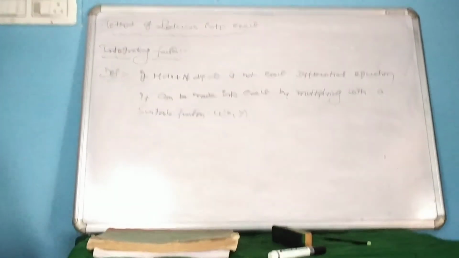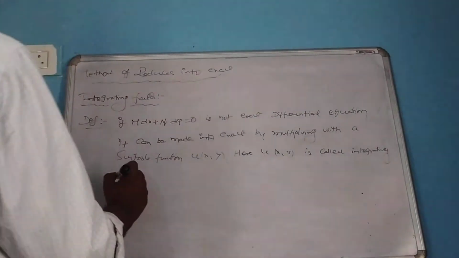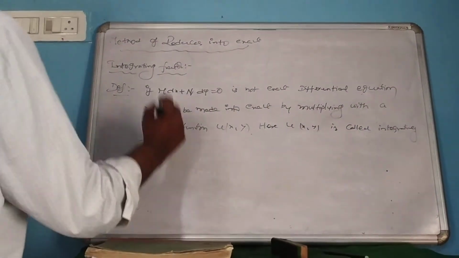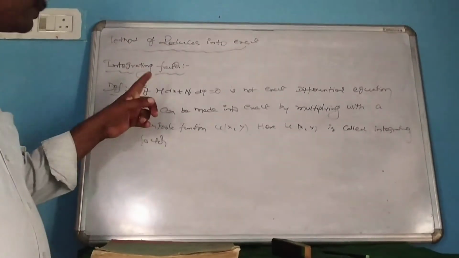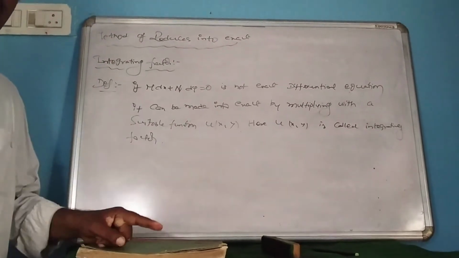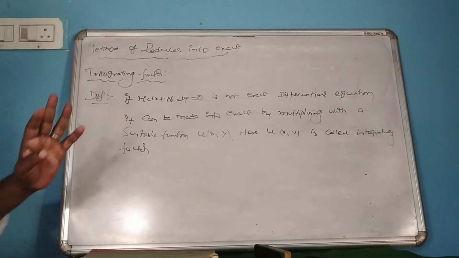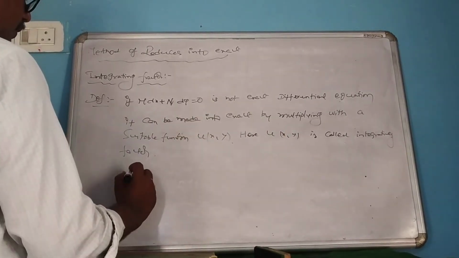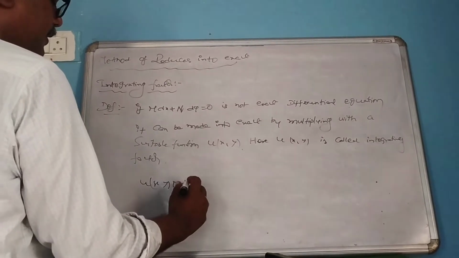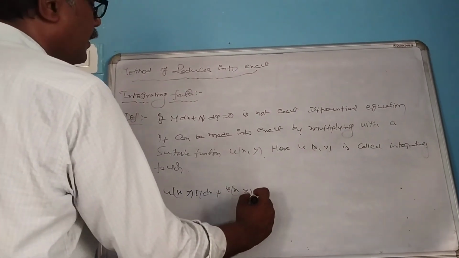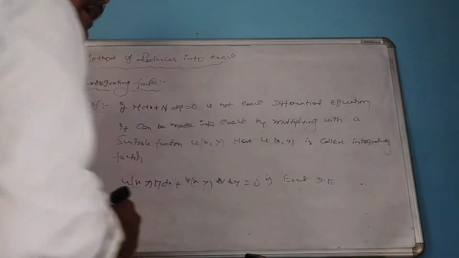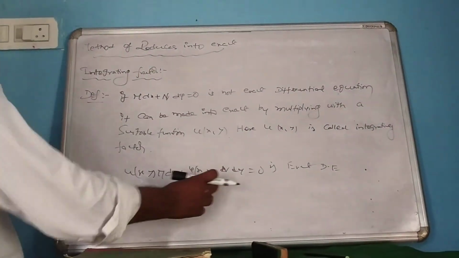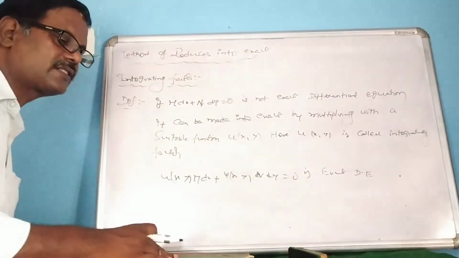Here u of x, y is called the integrating factor. Friends, you know what is meant by integrating factor? Integrating factor is a function which, when you multiply a non-exact differential equation, converts it into exact. If you multiply u of x, y, M dx, u of x, y, N dy is equal to 0, it is an exact differential equation. Its solution is treating y as constant, terms not containing x.